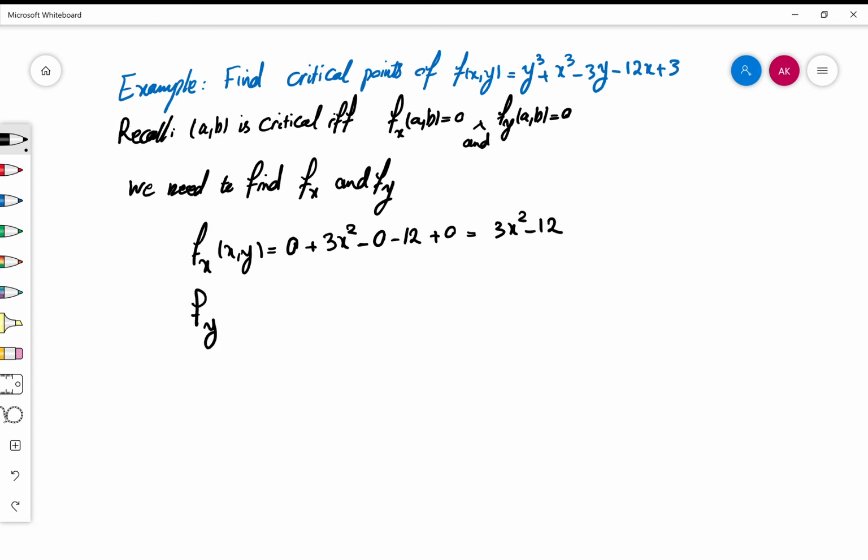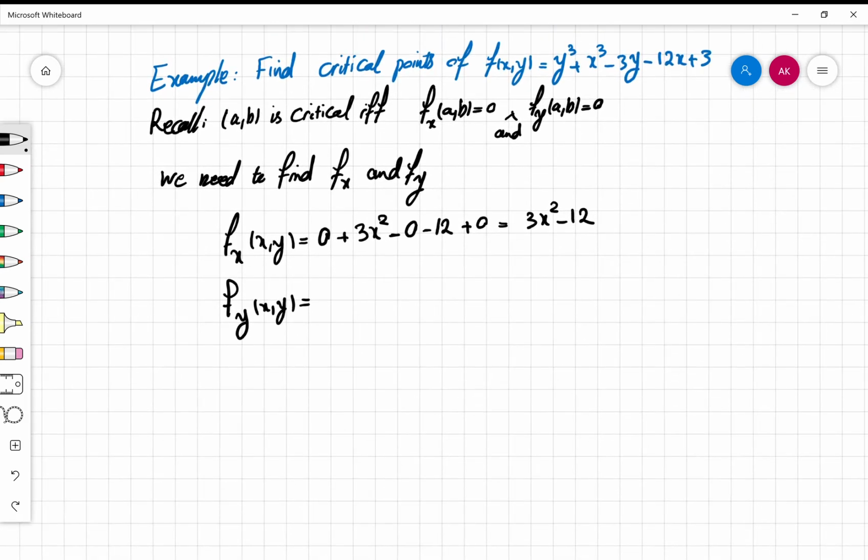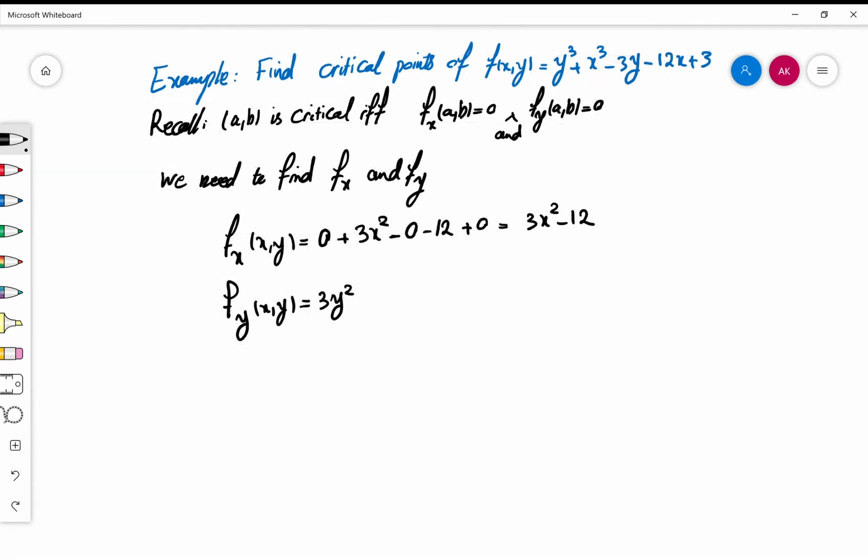How about fy? Fy is also a function of x, y in general. You differentiate y cubed with respect to y, this is 3y squared, plus x cubed with respect to y is 0, minus 3y with respect to y is 3, minus 12x with respect to y is 0, plus 0.